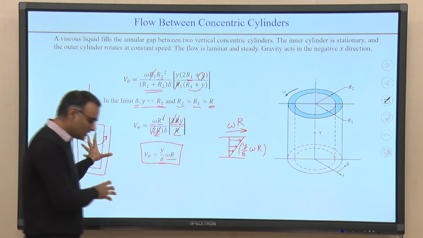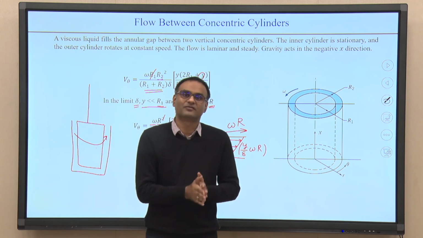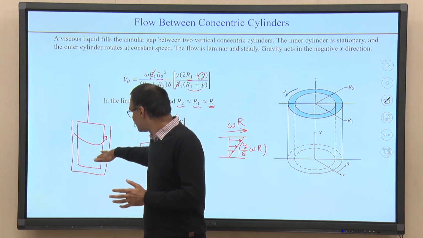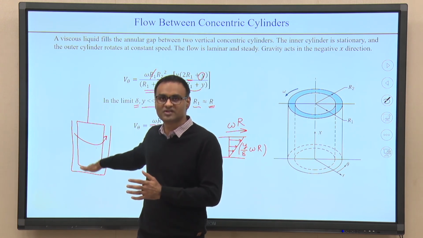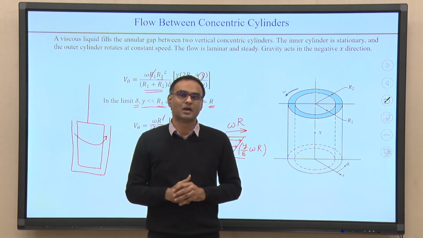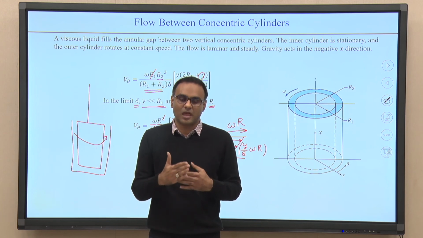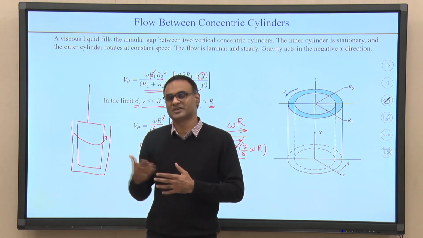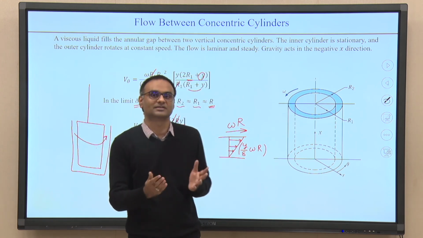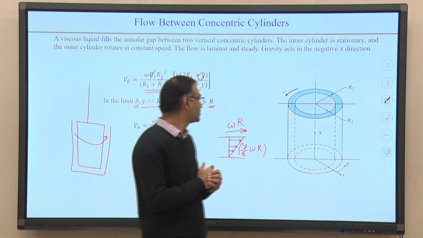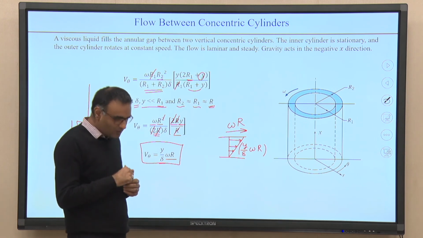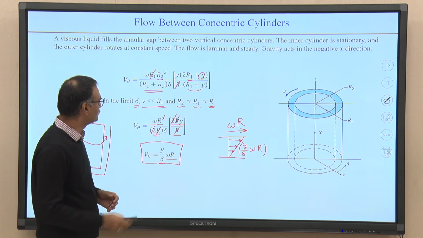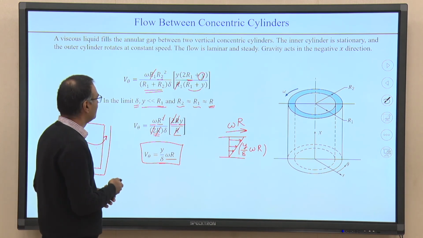Okay. So, this arrangement is slightly different from the problem we just discussed in that the inner cylinder moves here and the outer cylinder is fixed, but that is just a small change in the boundary conditions and we can obtain the expression for this case where the outer cylinder is fixed and inner cylinder is moving. Such an arrangement is quite often used as a viscometer.